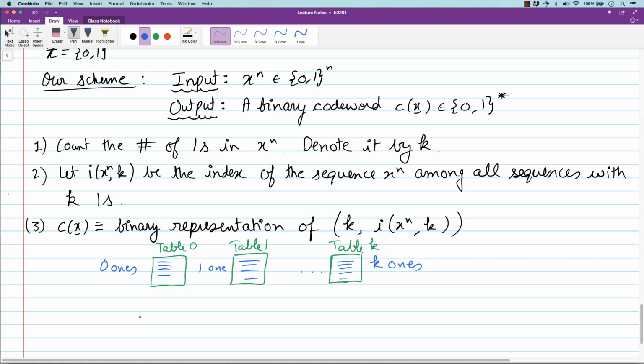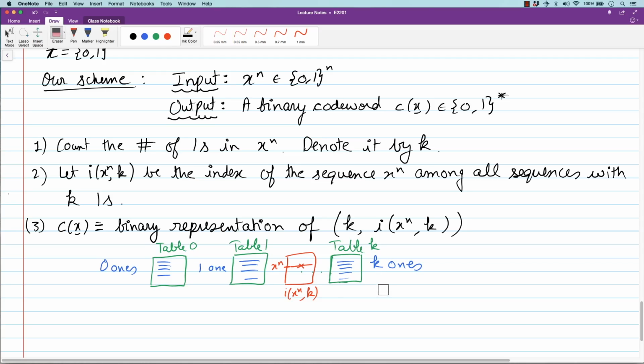And you have ordered them in some way and maintained their list. So you look at the table where your sequence exists, and look for this sequence. This is your sequence x^n. Its index in this table, the row number, is I(x^n, k).